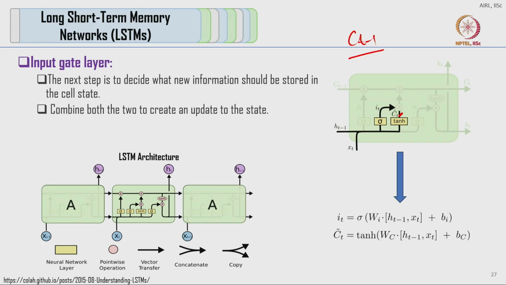It is defined as sigma of w times ht minus 1 and xt, right, and the new candidate cell, which is c cap t, can be observed in this equation, which is the tanh activation function of this particular quantity. Now once we have the new cell candidate, both of them are multiplied and added to the cell gate.